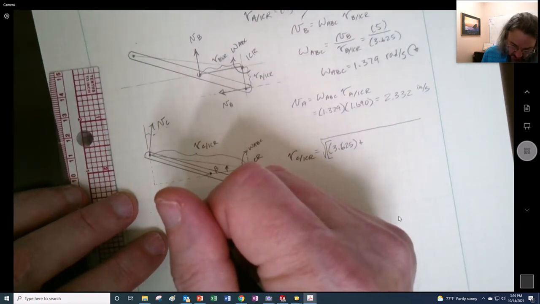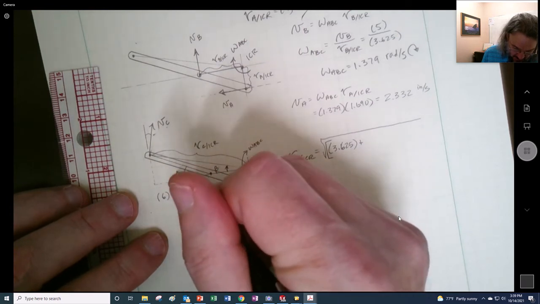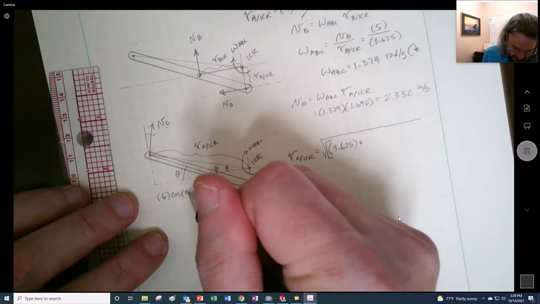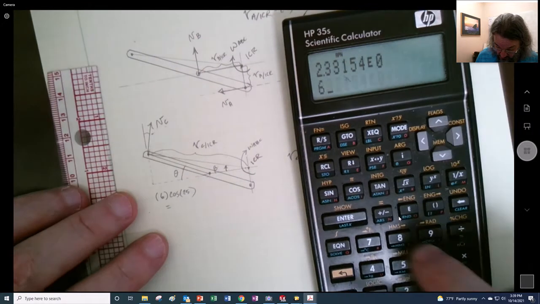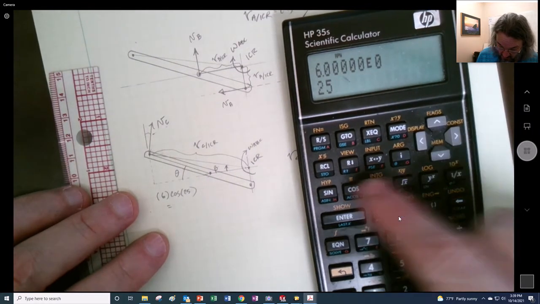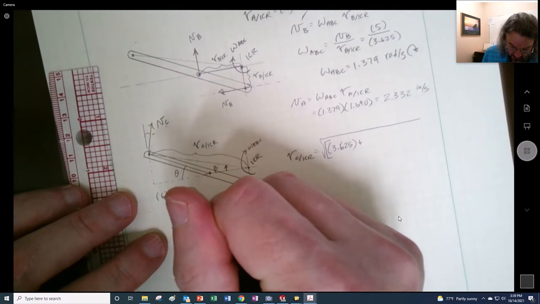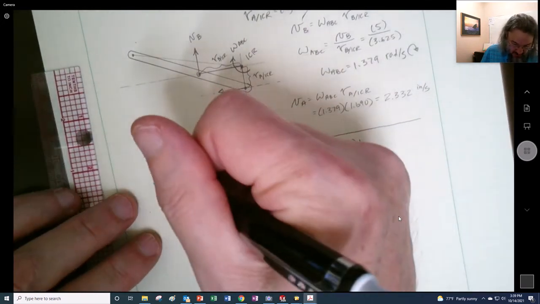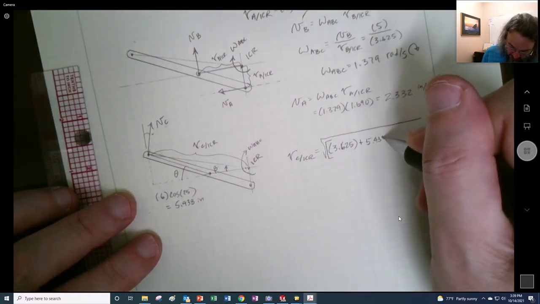This is going to be 6 times the cosine of 25, because this right here is theta, which is going to be equal to 5.438 inches. And so that's going to be 5.438.